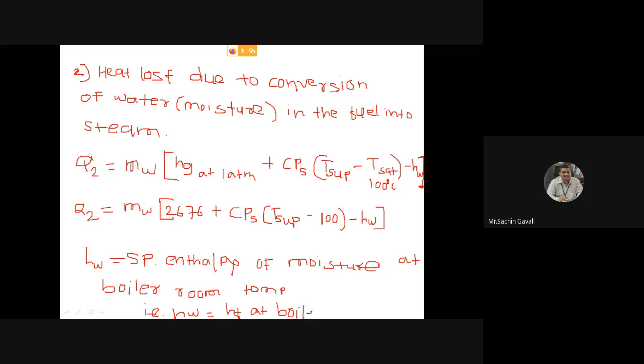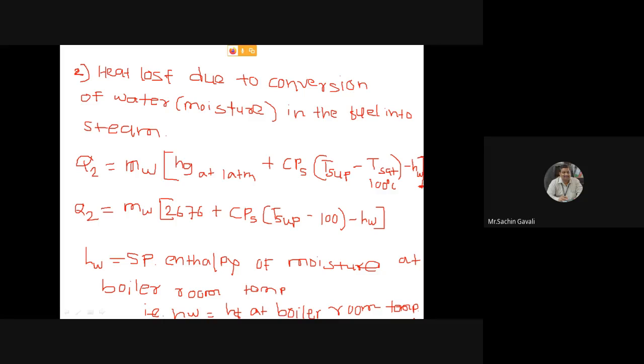It is hf at boiler room temperature. Everybody got this loss formula? What is this loss and what is the formula to calculate the loss? Because many times they ask theory questions on this: write or explain the different heat losses that occur in a boiler plant with formulae.